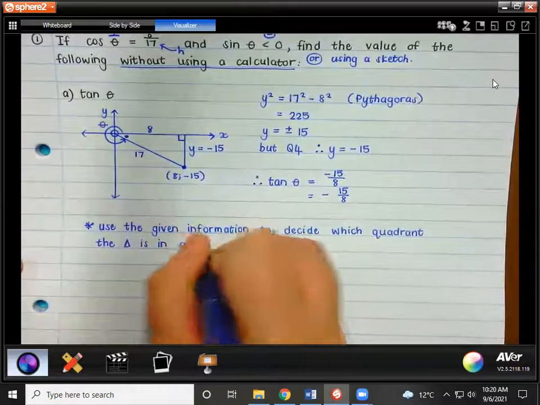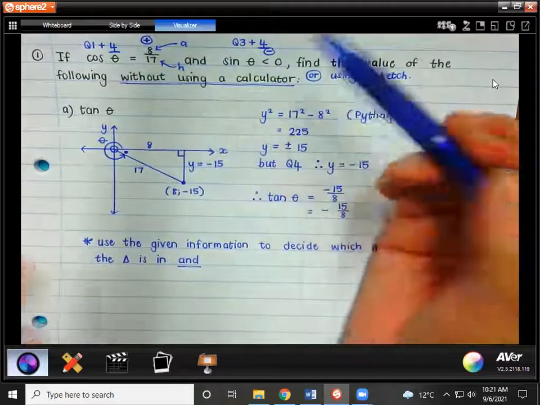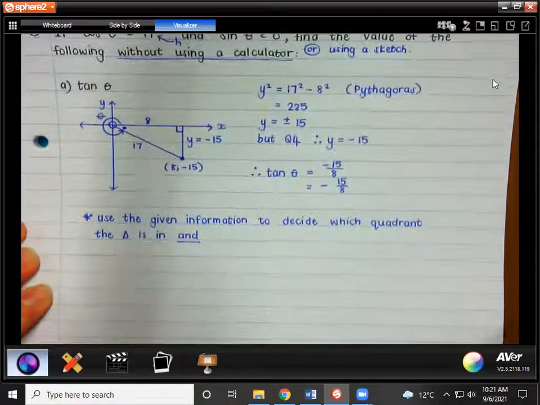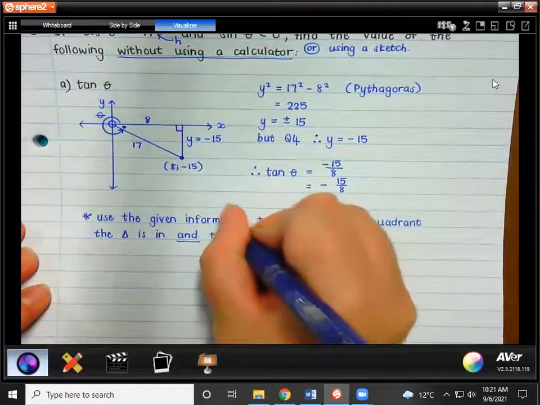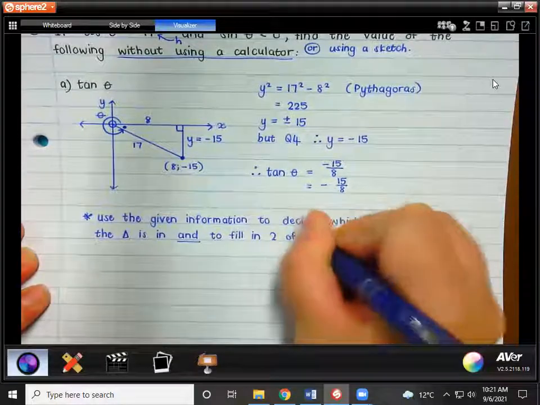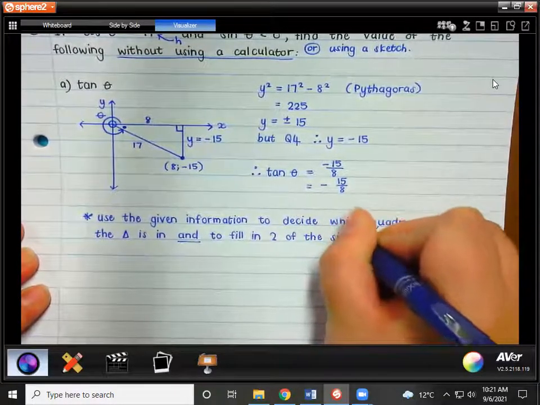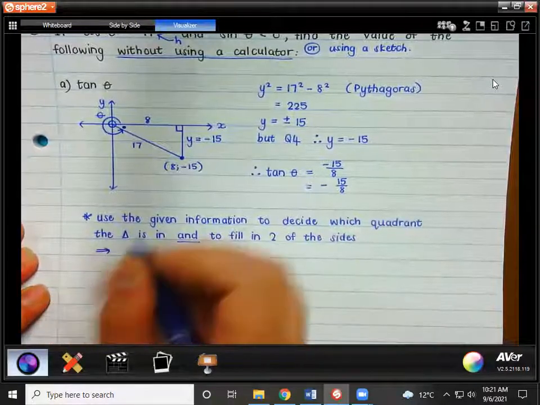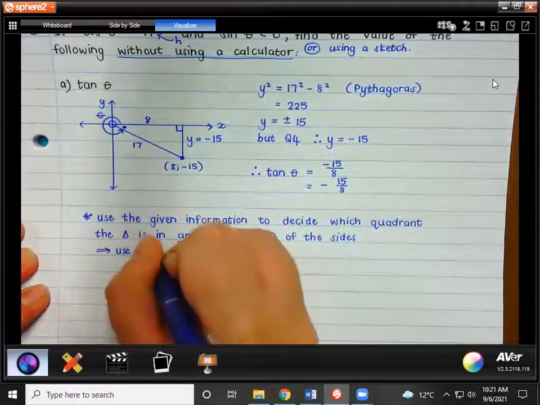And we also use that information, specifically the fact that cos was 8 over 17, to fill in 2 of the 3 sides. Then use Pythag to find the third side.